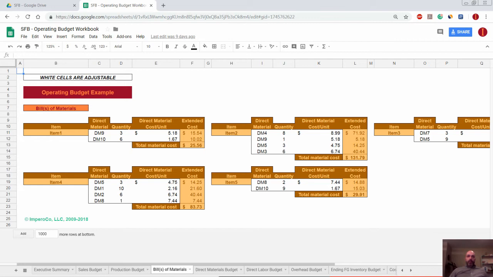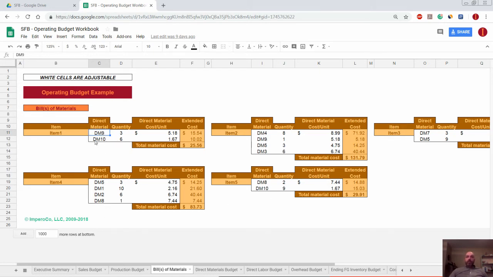Next, we need to break down what it takes to make those individual items. Okay, so here, these are pretty simplistic bills of materials for each item. Item 1, 2, 3, 4, and 5. You can see the information in here, direct materials, like direct material 9, 10, 5, 1, 2, whatever.